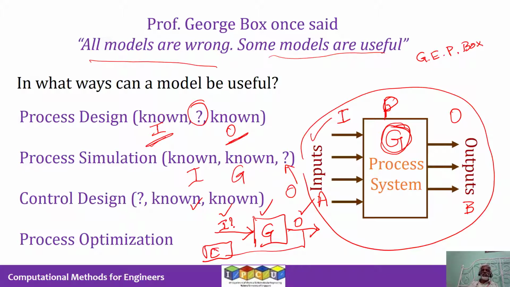Let's say C is either the automatic controller or the operator who is measuring the output, who knows something about the characteristics of the system G, and then fiddles around with some valves and so on, so that it delivers the right input and the system produces the output as desired. So this is the control design problem.